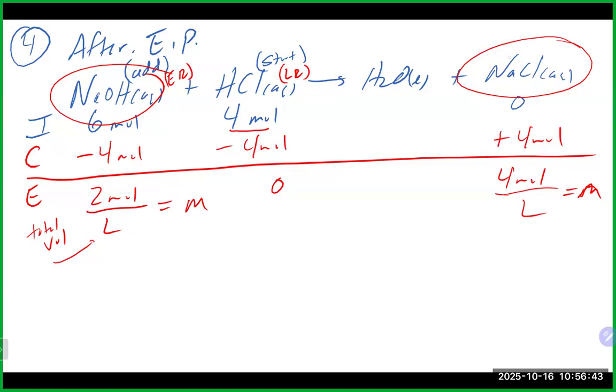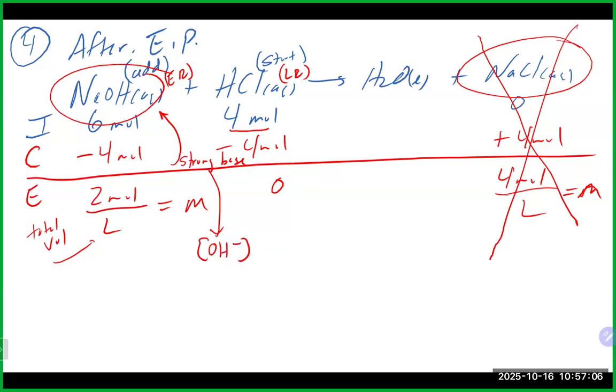Well, we already know that this salt from our previous conversation is a neutral salt, so we don't really have to worry about that. So that basically leaves us at this point only a strong base. That's going to be really the only thing that can affect the pH at this point. And because that's a strong base, that will give us not the H plus concentration, but it will give us the OH minus concentration.